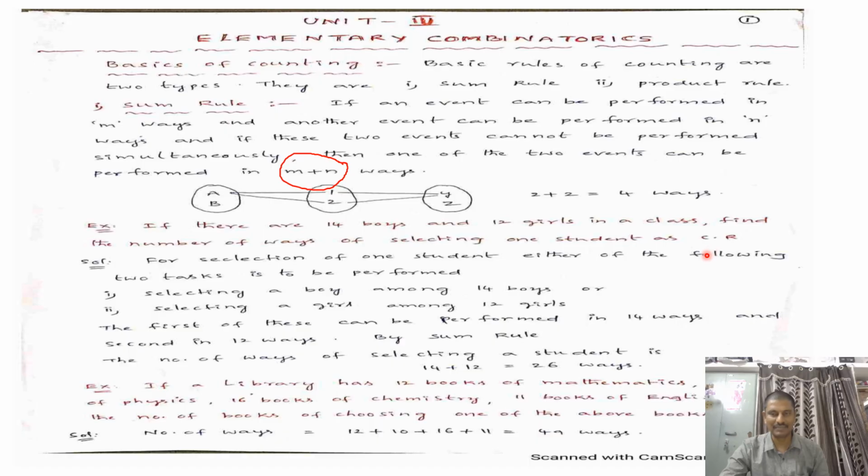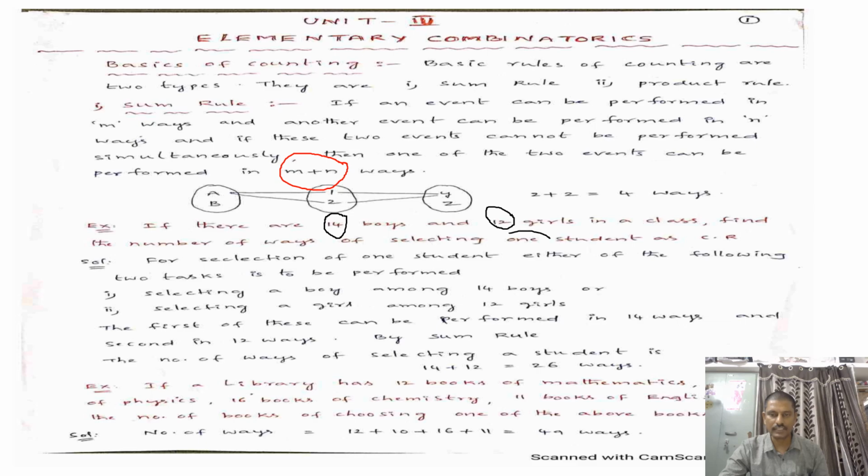CR is nothing but class representative, as you all know. So here, what is the condition? Total number of boys is 14, and the number of girls is 12. We need to select one student as CR.